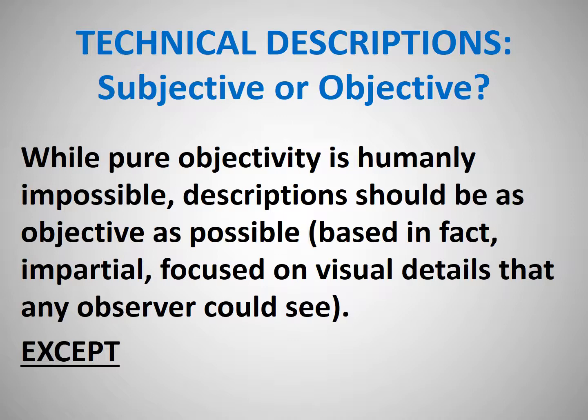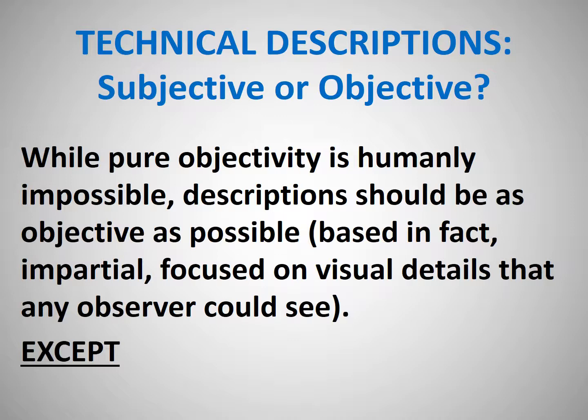So, what can we say about objectivity in this case? We can say that to the extent possible, my writing will be based in fact, it will be impartial, I will be explicitly aware of trying to be impartial as I describe.